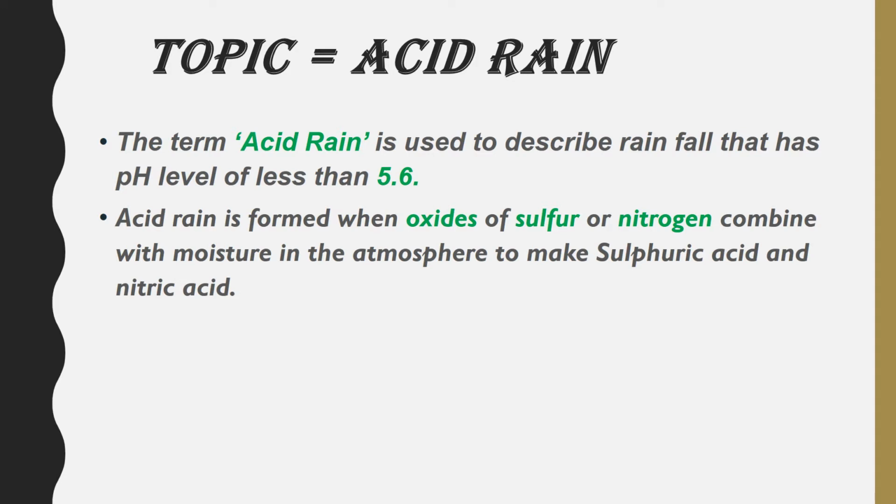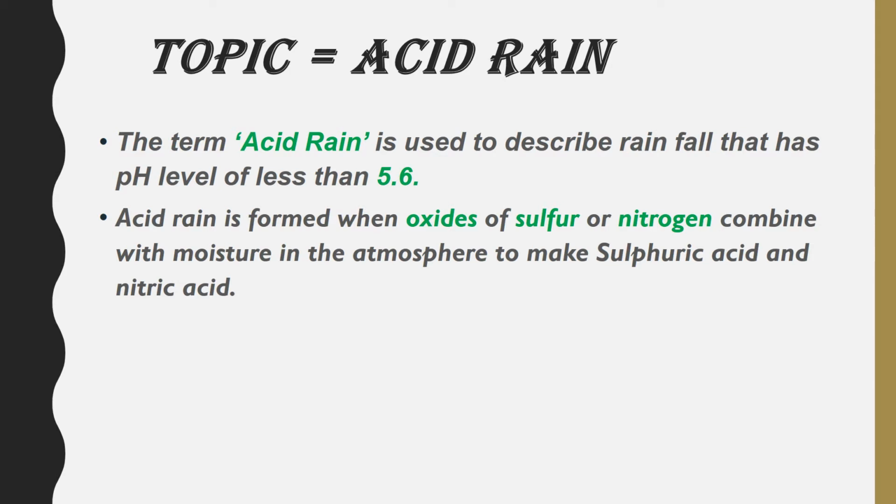If a solution has a pH level less than 7, it means it is acidic. If a solution has a pH above 7, it means it is basic. So all the solutions that have pH from 1 to 6.9 are acidic, and all those solutions which have pH above 7 to 14 are basic in nature.